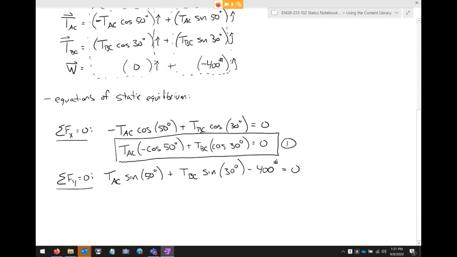Then I'll do the same thing on the second one, but I'm going to take that 400 pounds and move it over to the other side of the equation. So I've got TAC sine 50 degrees plus TBC sine 30 degrees equals 400 pounds.